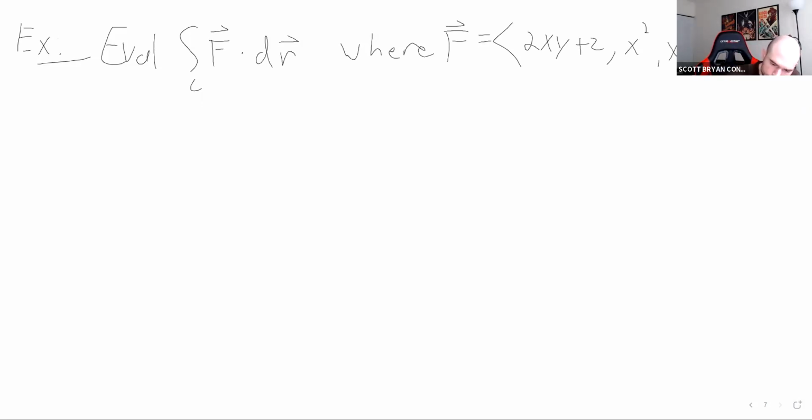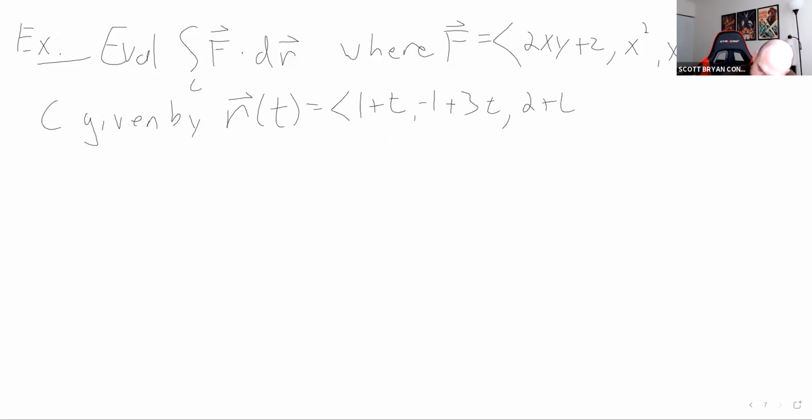And C is the curve parameterized by r(t) = (1 + t, -1 + 3t, 2 + t), where t goes from 0 to 1.